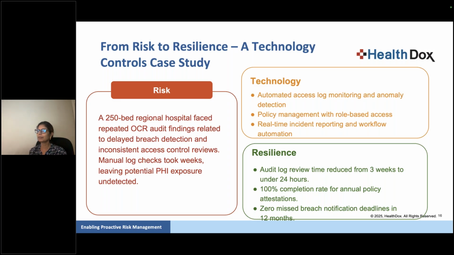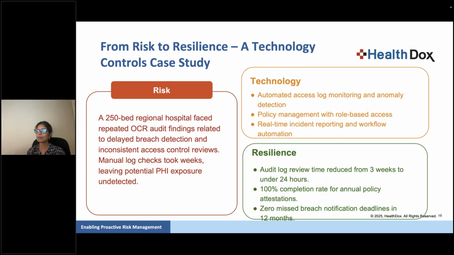They handled it by implementing layered technology controls, ranging from advanced encryption, automated integrity checks, to AI-driven breach detection, and the organization not only closed the current gaps, but also reduced their incident response time from 72 hours to under 4 hours.